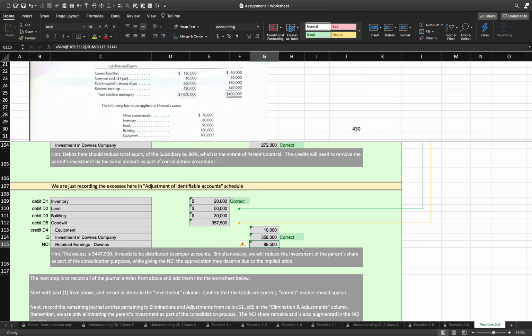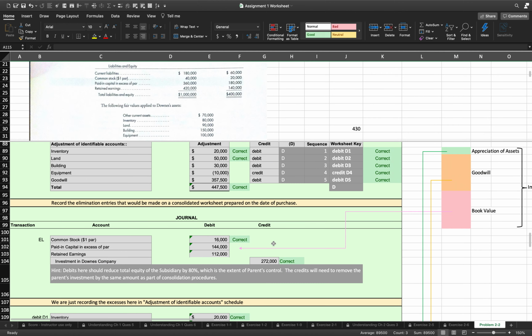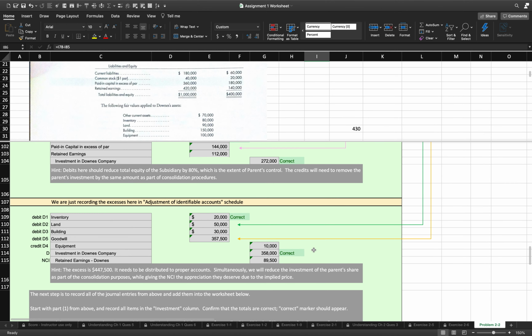So when this new buyer gives you an additional amount over and above what you think your car is worth, then that partner of yours or friend of yours who is part of this deal will also benefit. And that's what this NCI's increased share recognizes, 89,500. We kind of already knew that up here, but now we're explaining how this will impact the accounting system.